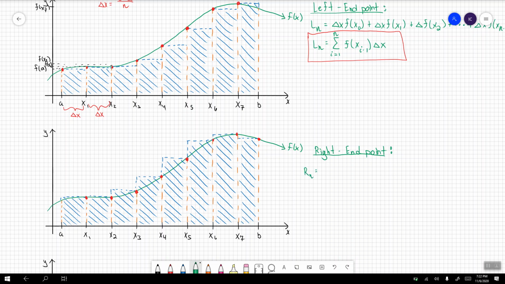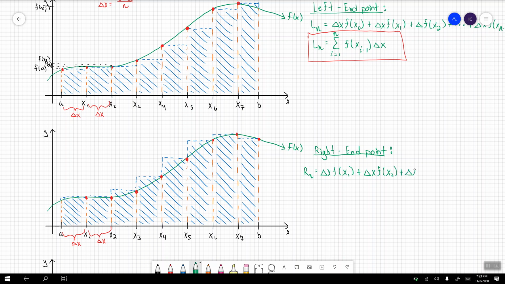So in this case, R sub n, the right sum of these endpoints, is going to be calculated by, once again, delta x, because delta x is the length of each subinterval, which means we're going to have delta x multiplied by the height of the very first rectangle, but the height is determined by the rightmost endpoint, which will be f of x sub 1, plus delta x multiplied by f of x sub 2, the second-most endpoint on the right.